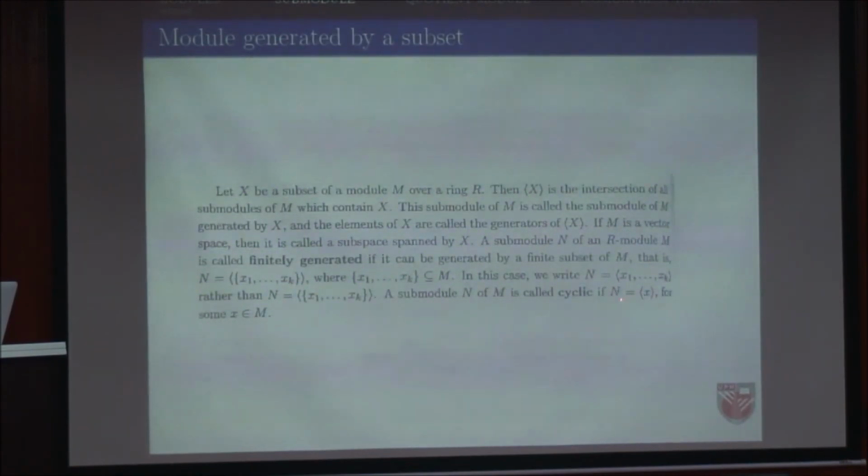If the module itself is generated by a finite number of elements, then the module is called a finitely generated module. If your submodule is generated by one single element, in that case that submodule is called cyclic. So a module itself is called cyclic if it is generated by one element.